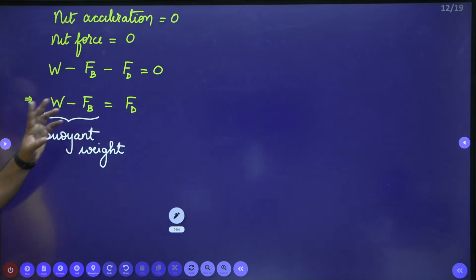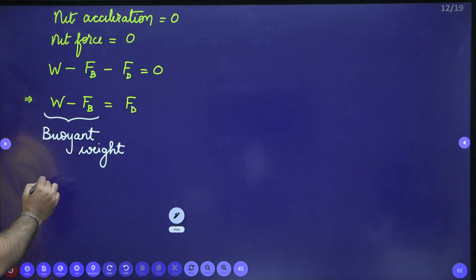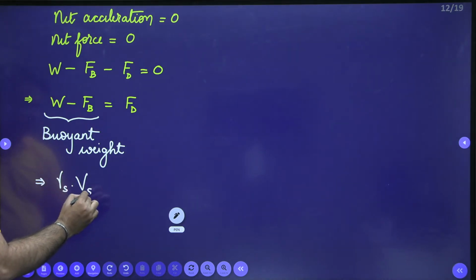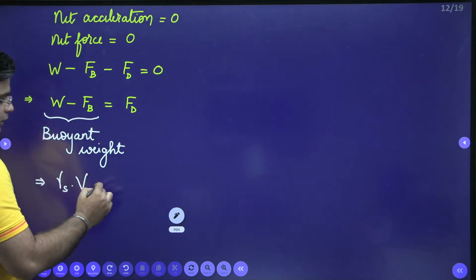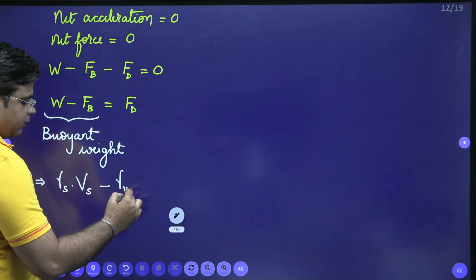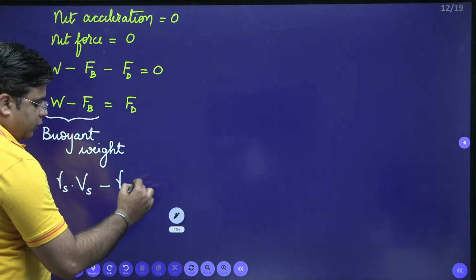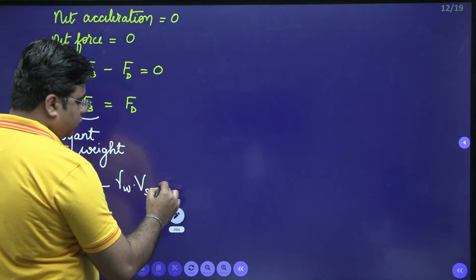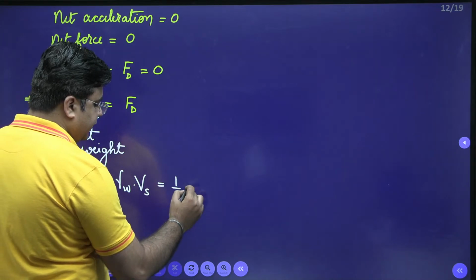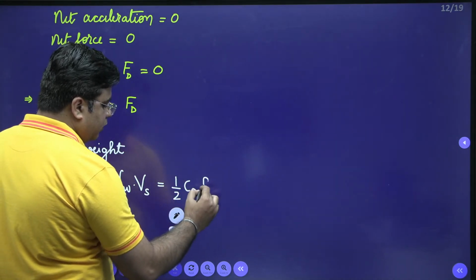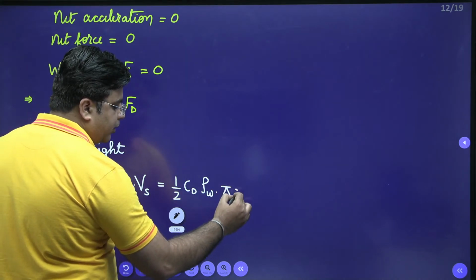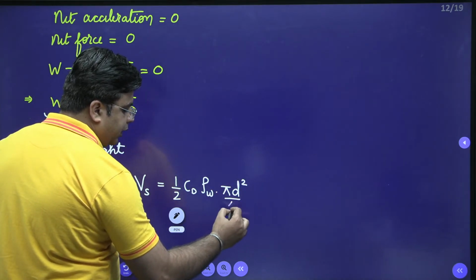Now substitute all the values. W is equal to unit weight of solids multiplied by volume of solids, capital Vs. Fb is unit weight of water multiplied by volume of solids. Fd is equal to half CD rho w, projected area A, which is pi d square by 4, into Vr.